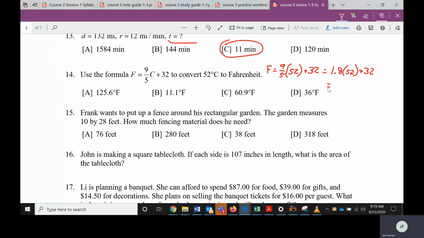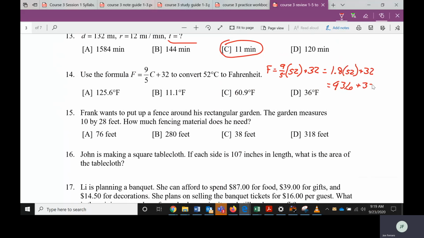Okay, so now I take the 1.8 times 52. And again, the 52 came because they told us the Celsius temperature was 52. So when I multiply those, I get 93.6.